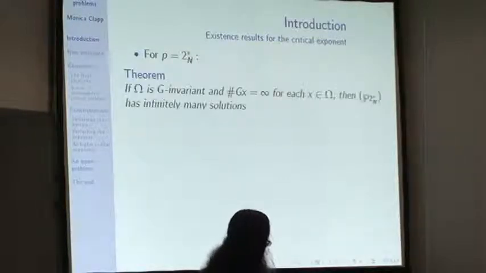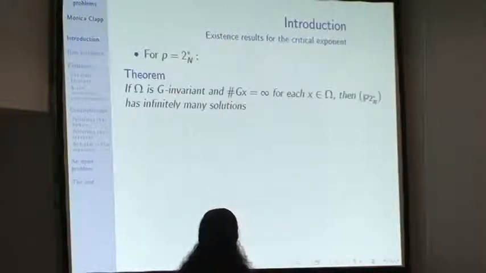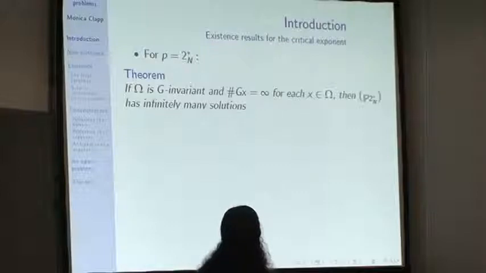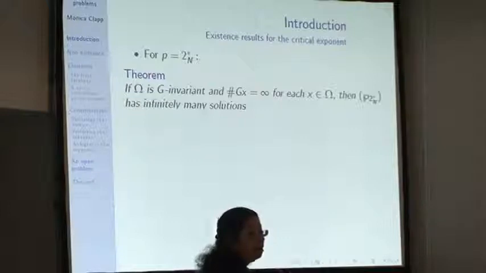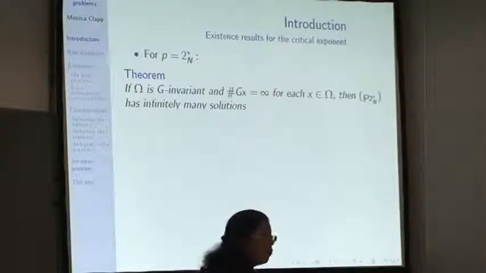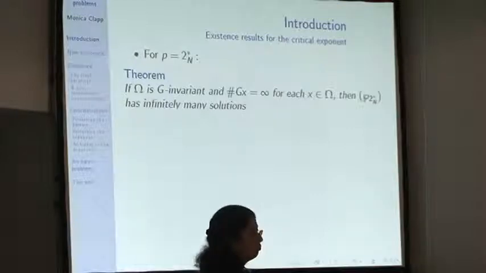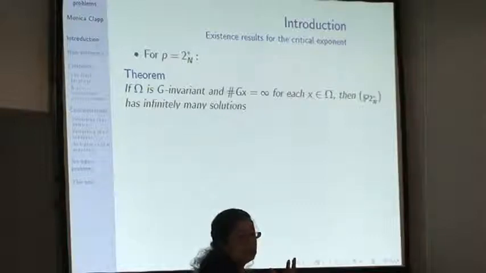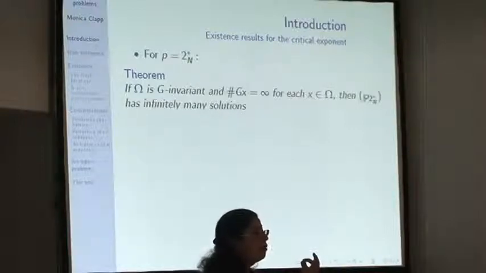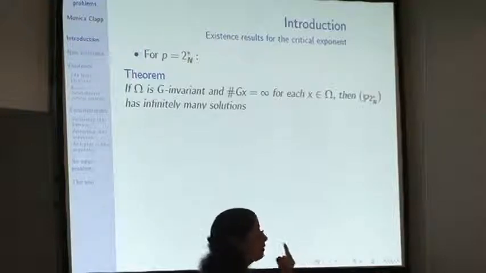The first says that if Omega is invariant under the action of some group G of linear transformations of R^n, and every orbit is infinite, so for example the annulus satisfies this condition, or the torus also, then the problem associated to the critical exponent has infinitely many solutions. Note that the ball does not satisfy this condition, because the origin, the center of the ball, is a single orbit, and it consists of a single point.